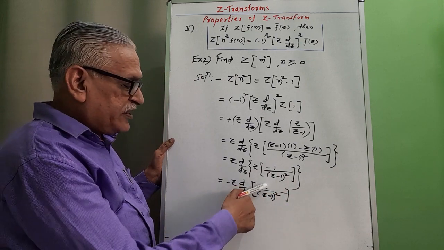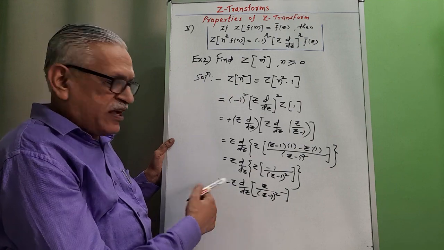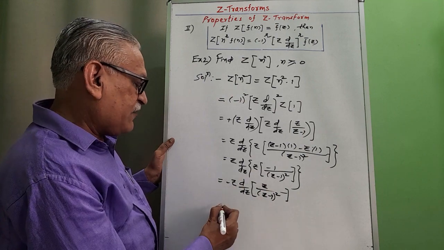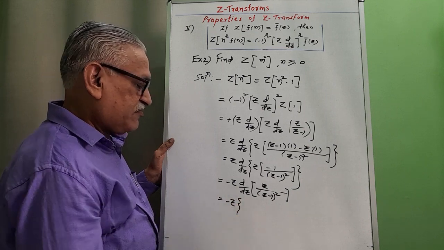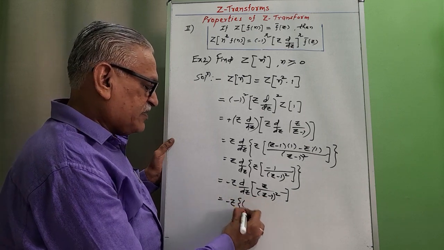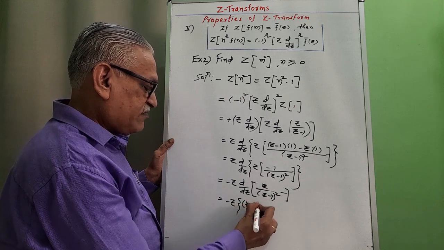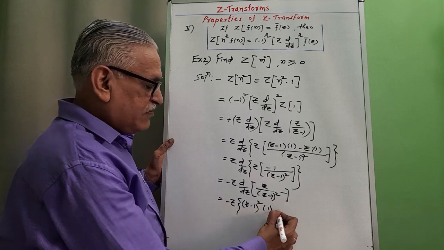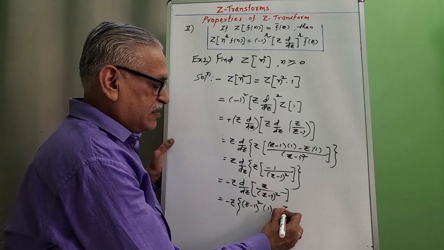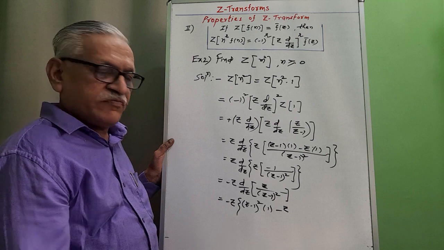And then differentiating this term with respect to z by again applying quotient rule, and therefore we get minus z, denominator term is z minus 1 whole square. Differentiation of z with respect to z is 1, minus numerator term is z.